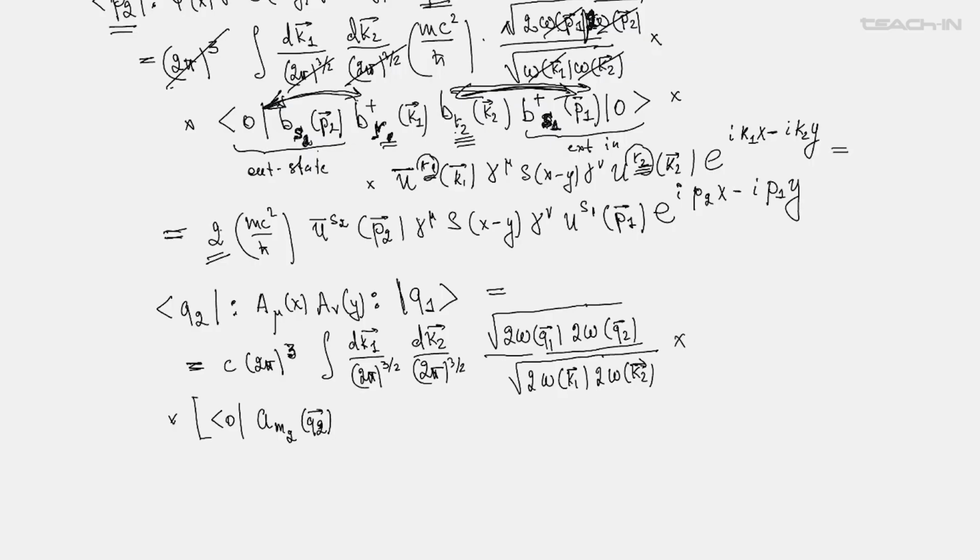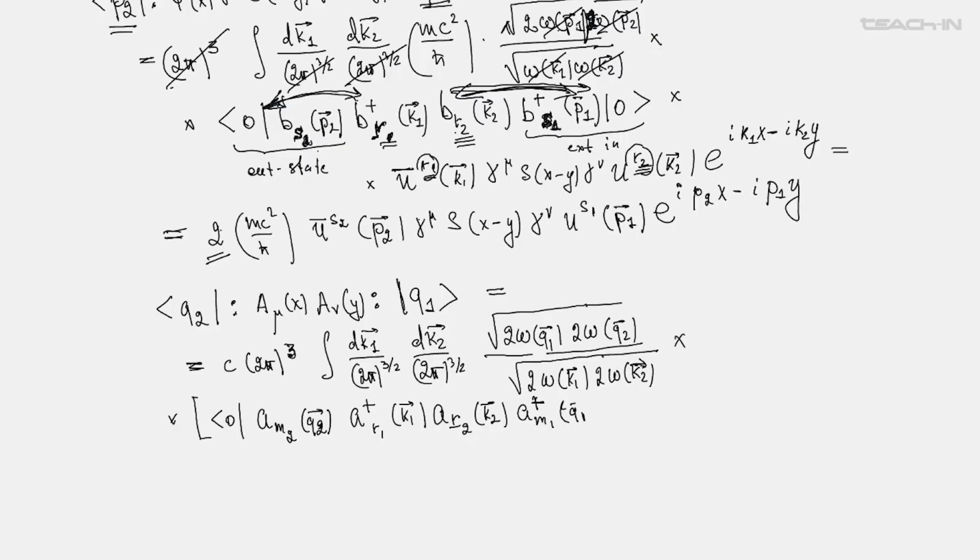Then there is a creation operator from A mu, R1 depending on K1. Another annihilation operator from another A on R2, K2, like this. And then the creation operator for the in photon depending on Q1 with polarization M1 acting on the vacuum.